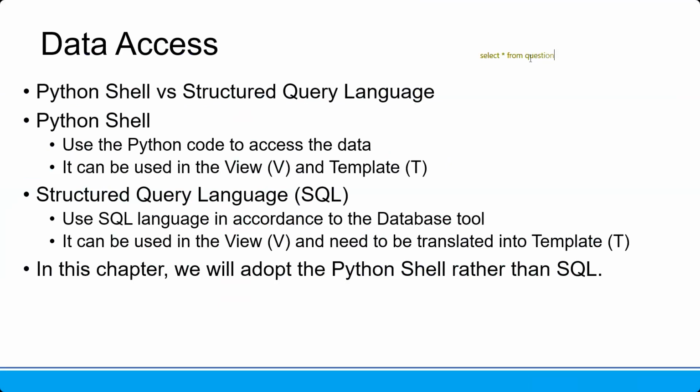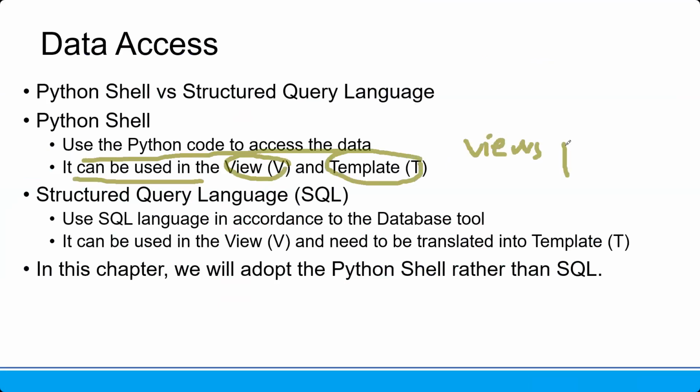This is the SQL. Of course, this is good, but if we use the Python shell, it uses Python code to access the data, and it can be used in the view and template. So you can still use the views.py, and then you can use the urls.py to connect to the HTML.